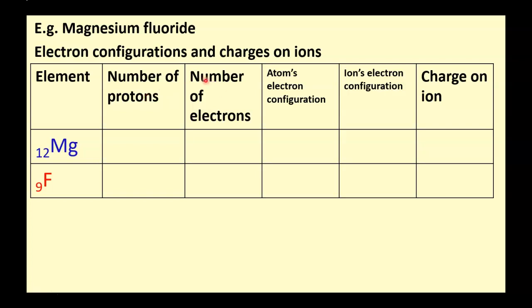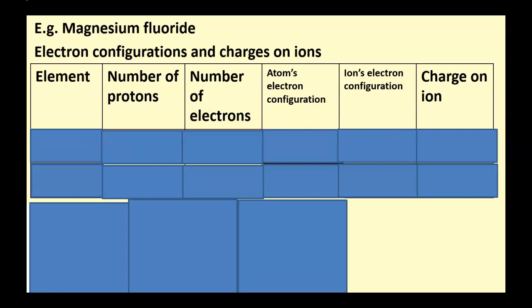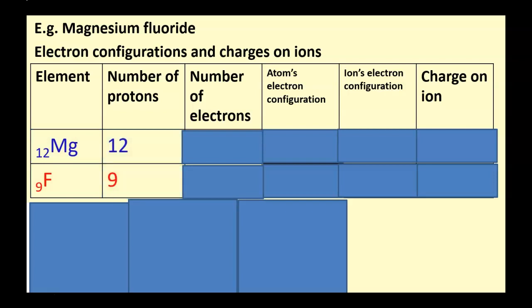For an atom, it will have the same number of protons as it has electrons. So we've got our elements. We've said the number of protons is equal to the atomic number, and on the periodic table it's the smaller number associated with each element. Atoms are neutral, so they have the same number of electrons as protons.